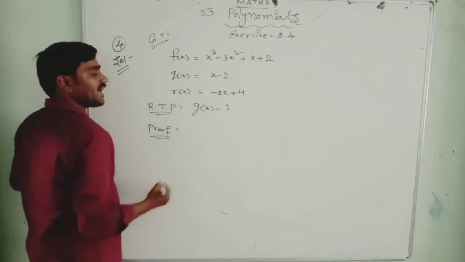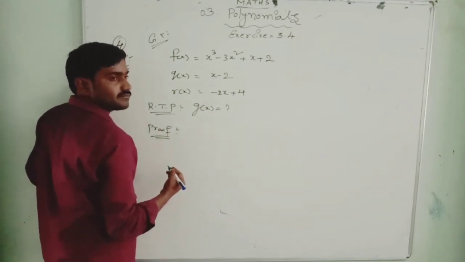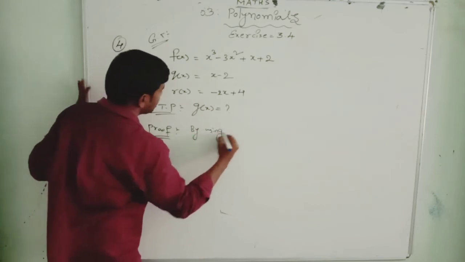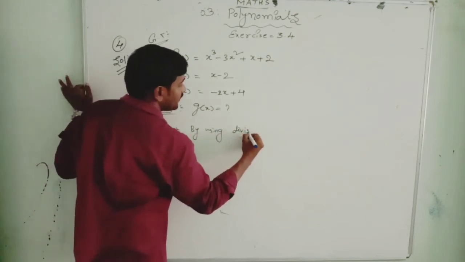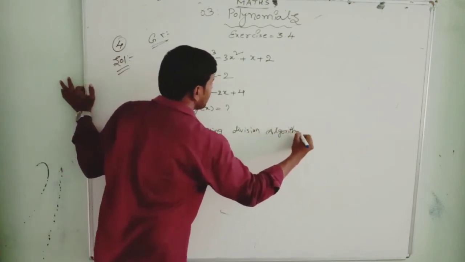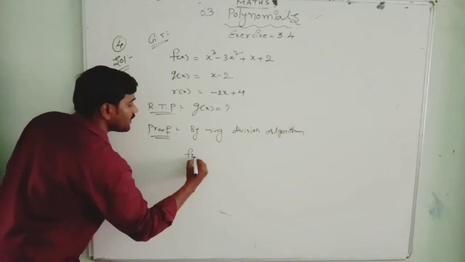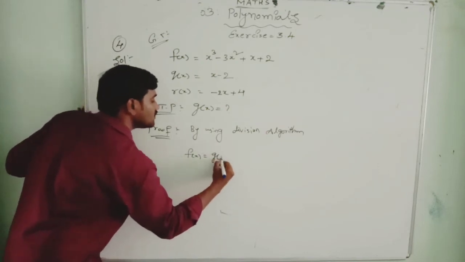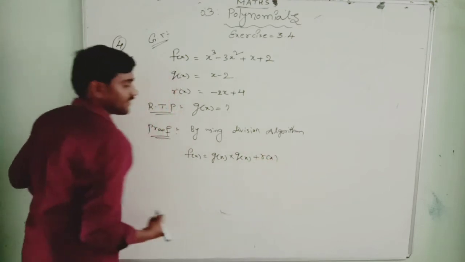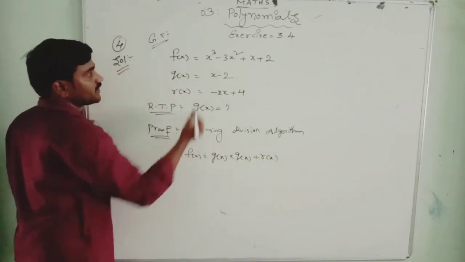Look here. We have the division algorithm formula. By using the division algorithm, we get f of x equal to g of x into q of x plus r of x. This is a formula, so let us substitute here.